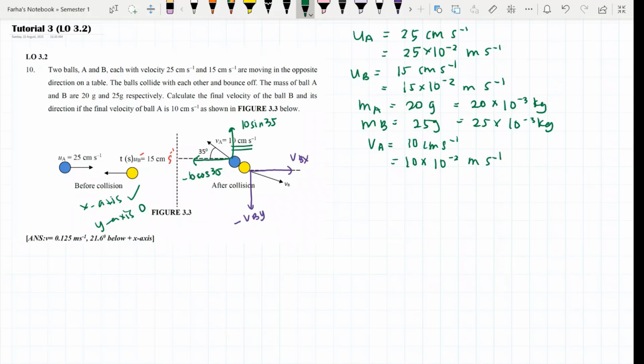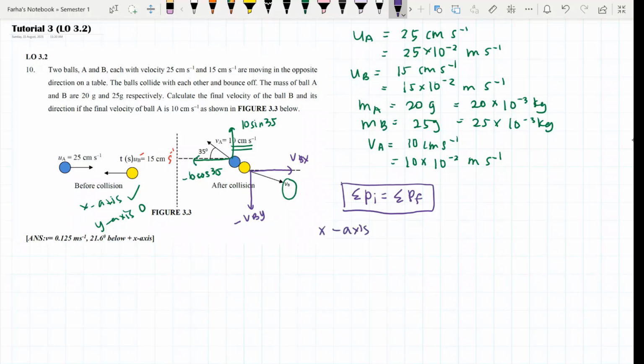So now kita perlu gunakan macam mana kita nak dapatkan VB. Kita nak cari VB sekarang. Kita perlu gunakan the principle of conservation of momentum, which is the sum of P initial equals to sum of P final. Ini adalah kita punya konsep. Tetapi sekarang dia dah involve two dimension, which is x component and y component. So tak ada masalah, kita boleh selesaikan untuk x component terlebih dahulu.